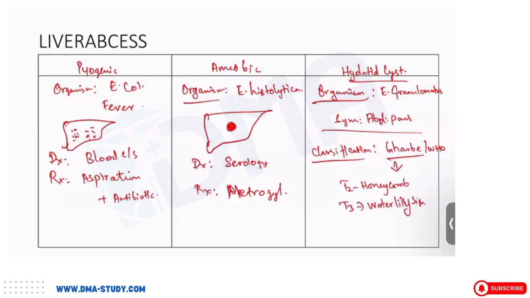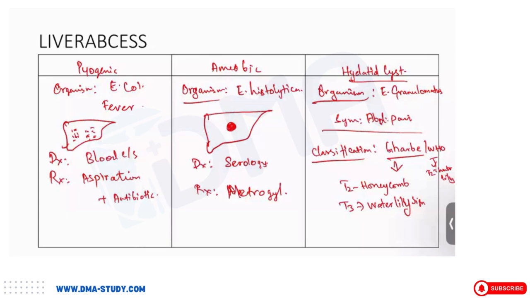While in WHO, T2 you may see the water lily sign. Some people put T2 and some people put T3 and they confuse and ask again and again. Okay, I have seen this as T2 in some books, sir. I am having a doubt. Remember, there are 2 classifications: the Gharbi classification and the WHO classification. If they are giving you the water lily sign and asking staging, look at what classification they are asking.